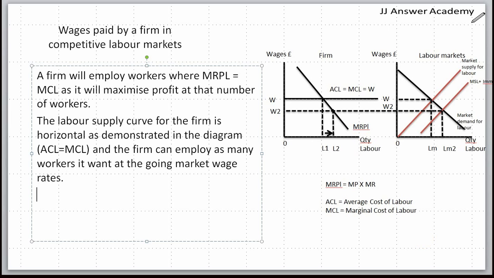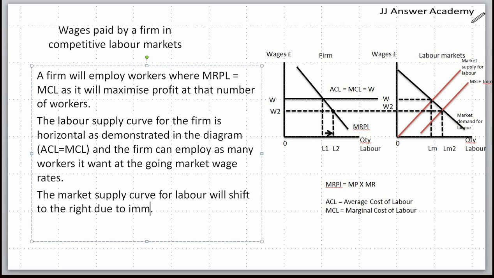So let me explain this in writing. The market supply curve for labor will shift to the right due to immigration. This will have a deflating effect on market wages to W2.